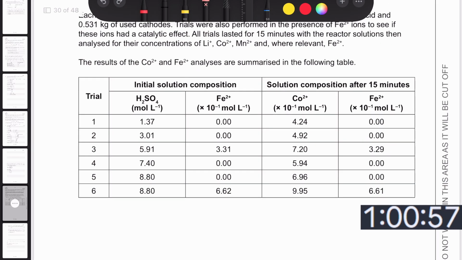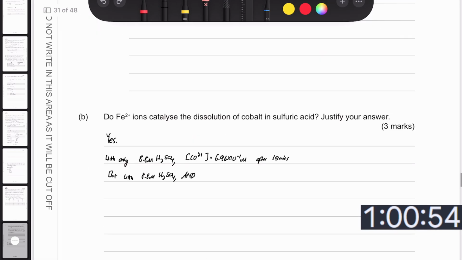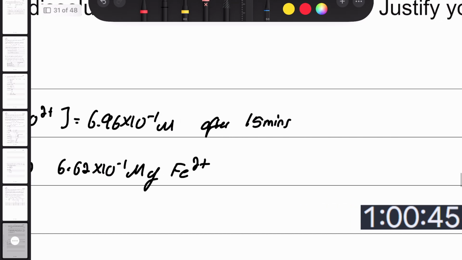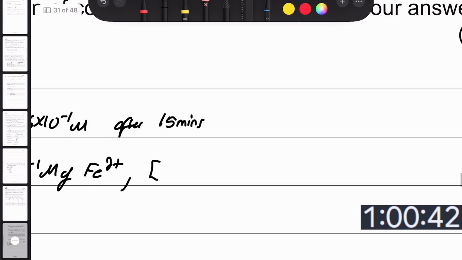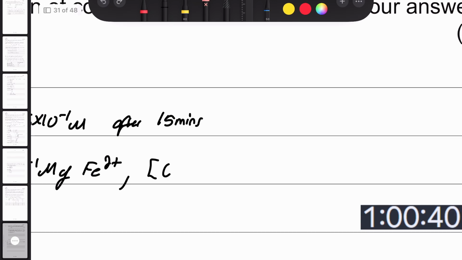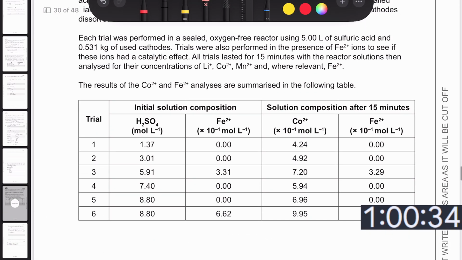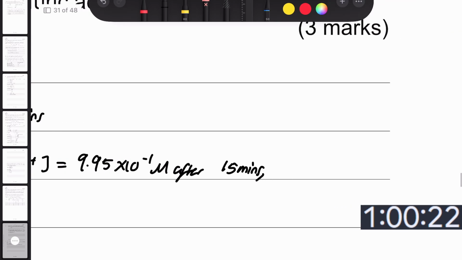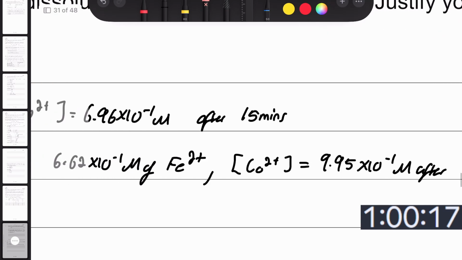So we'll say, but with 6.62 times 10 to the negative 1 and Fe2+, the concentration of Co2+ is equal to 9.95 times 10 to the negative 1 molar after 15 minutes, indicating reaction rate had increased.